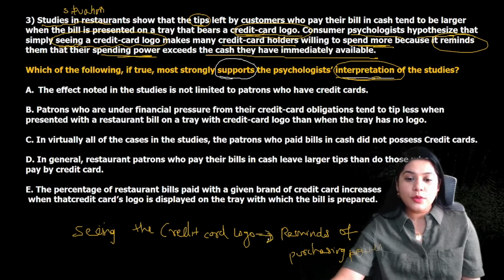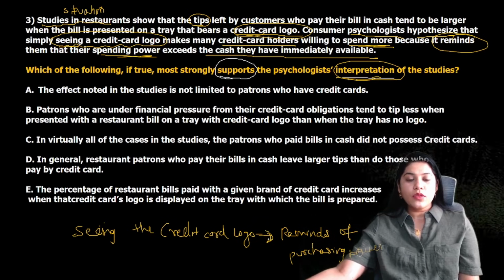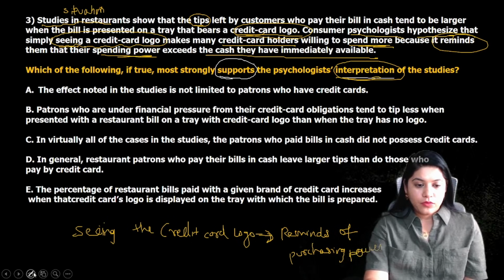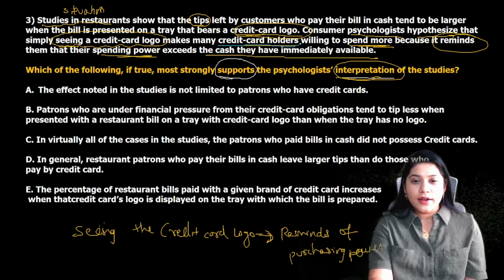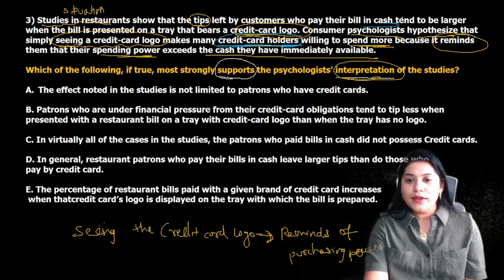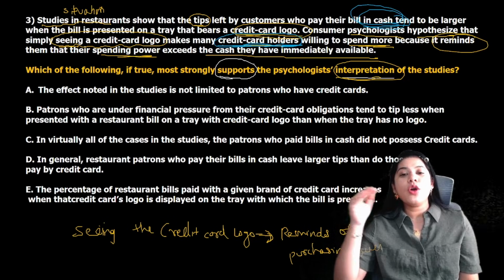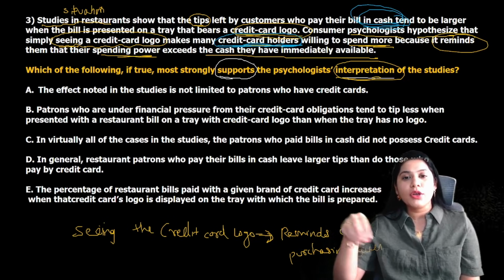Now which option supports that? Also please focus on these words. Credit reminds who? Credit card holders. Means you might be paying in cash, but you are a credit card holder. That's why looking at a credit card logo reminds you how much money you have in your credit card, which may not be as cash.